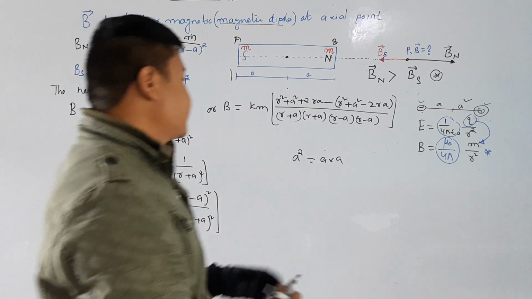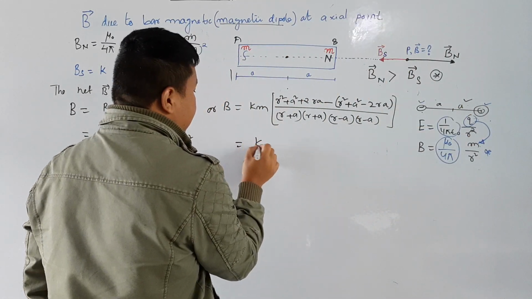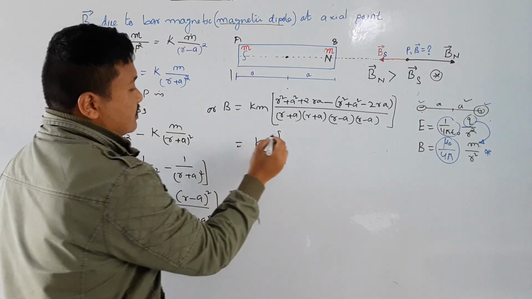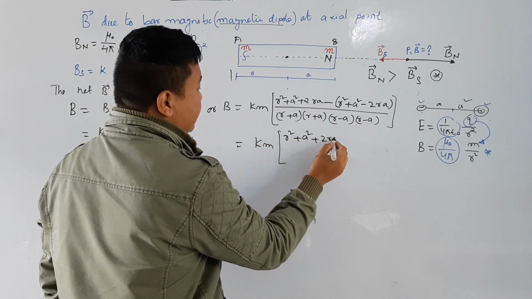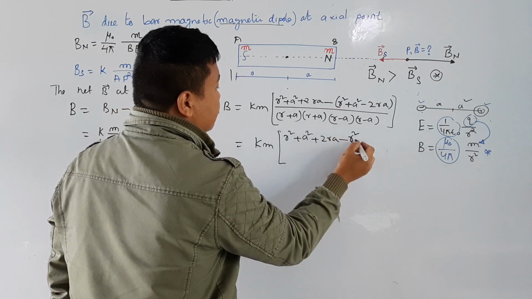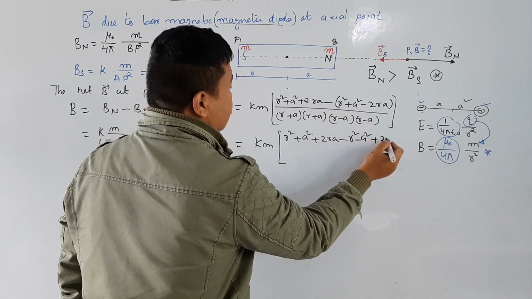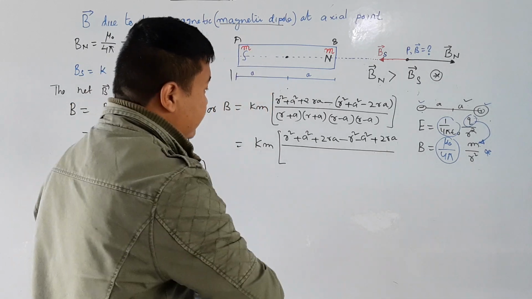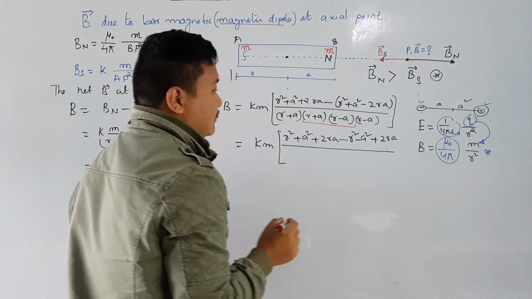Next, this is equal to k into m. Now it is almost solved. What do I get? This is r square plus a square plus 2ra, minus r square, minus a square, plus 2ra, whole divided by, if you see this one, what is this? r plus a, r minus a.